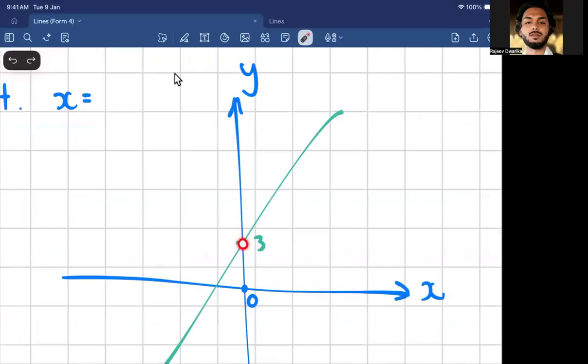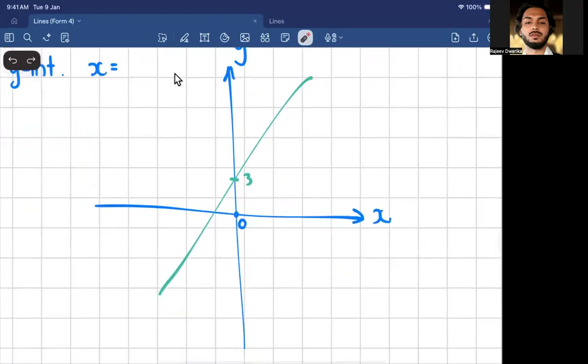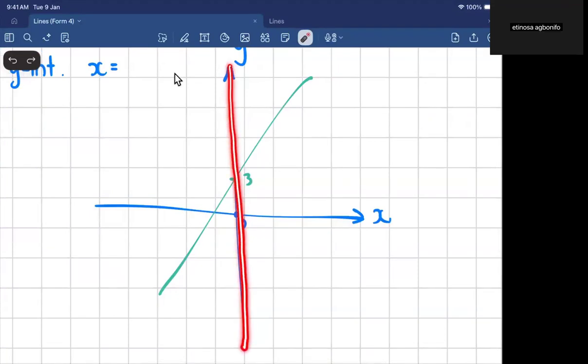If you're on the y-axis, what's the x value? So x, think of x as left or right. If you're on the y-axis itself, you can only move in what direction? Up and down. So what's the x value?